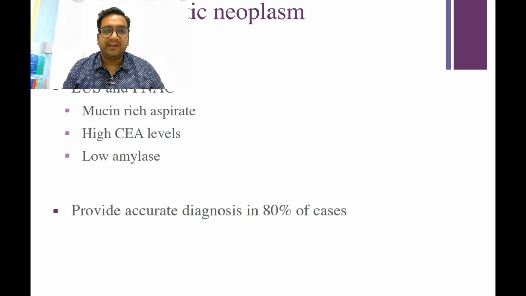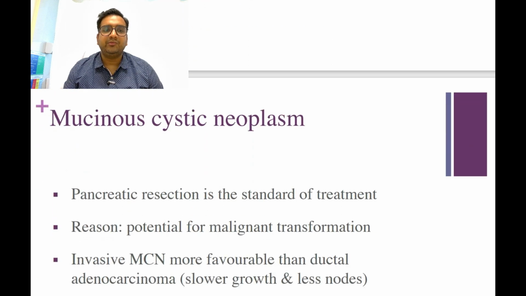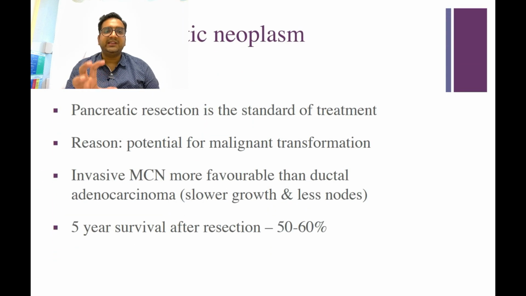Now we have diagnosed that it is a mucinous cystic neoplasm. The treatment in this case will be pancreatic resection, which is the standard treatment, because there is a potential for malignant transformation. Invasive mucinous cystic neoplasms can lead to malignancy, so we should go for surgery.